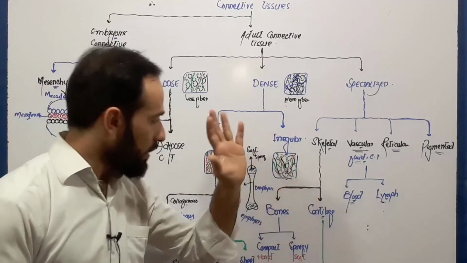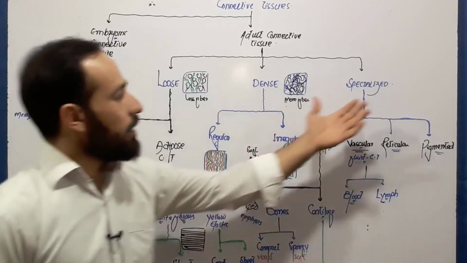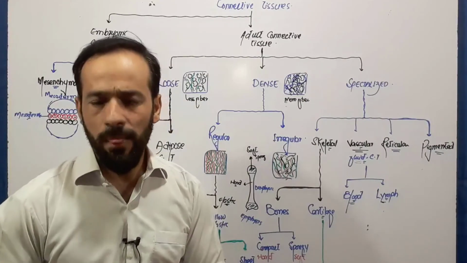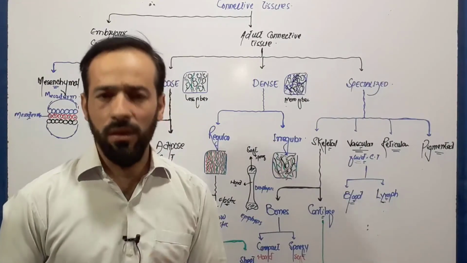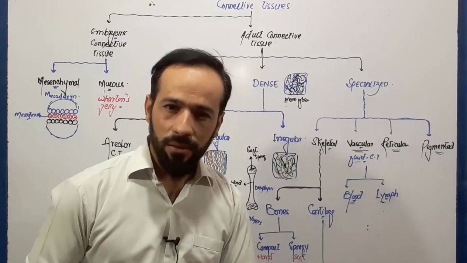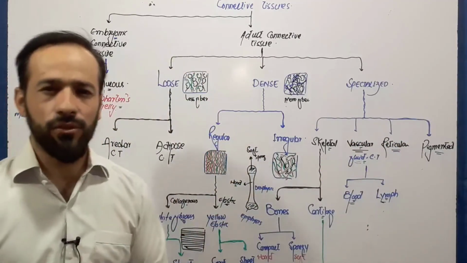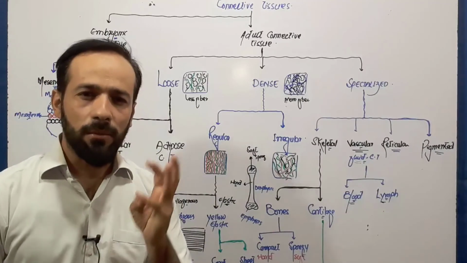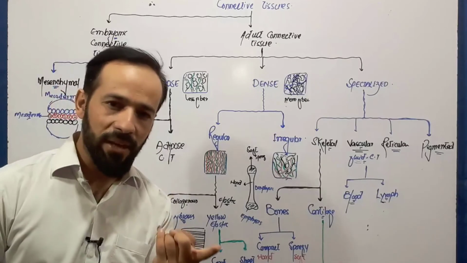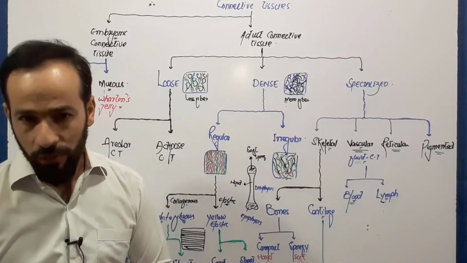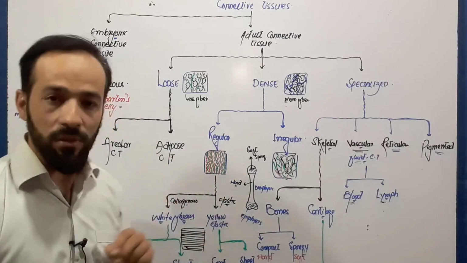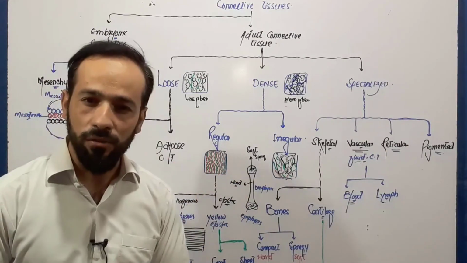Then irregular connective tissue, we leave there. Specialized connective tissue in our body is classified into four classes: the skeletal, the vascular, the reticular, and the pigmented one, right? The skeletal connective tissue was divided into two classes: the bone and the cartilage. Bone was divided into compact bone and spongy bone, or we say hard bone and soft bone, and we showed their locations also.